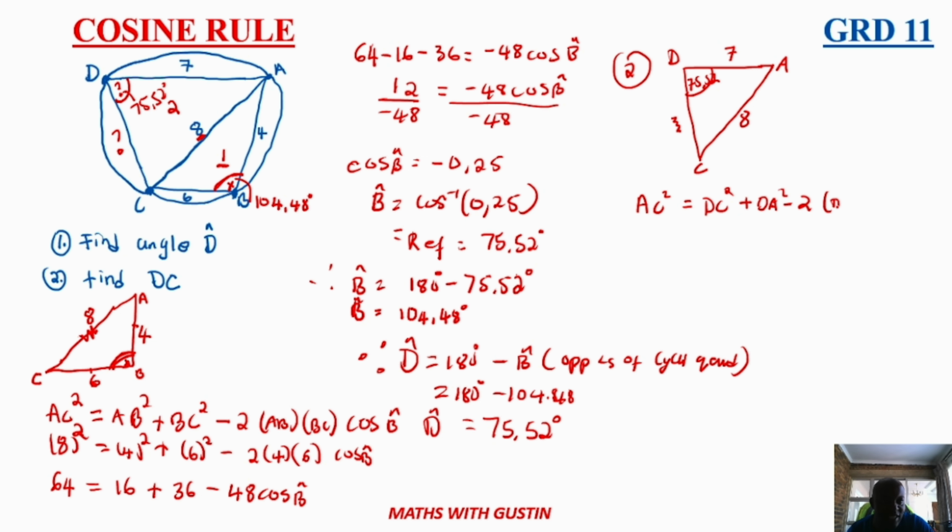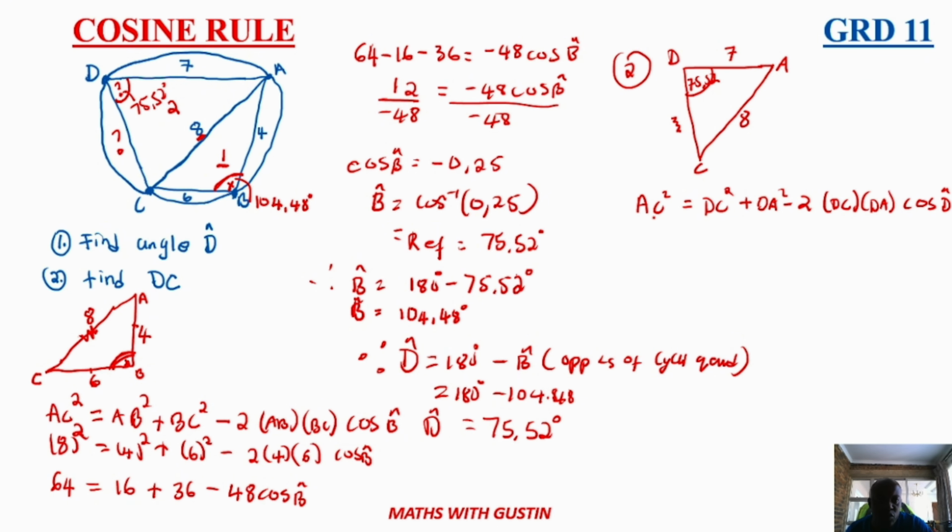All right, DC is what we are looking for, DA, and then minus 2 cos angle D.